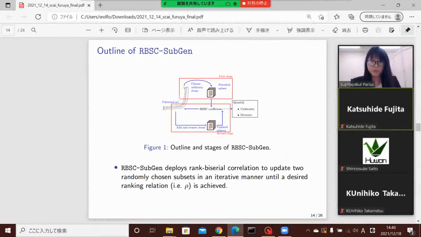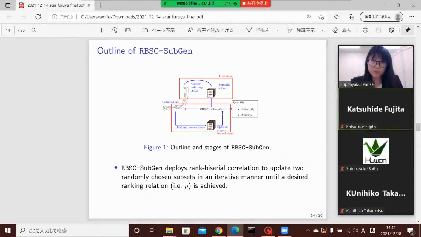And then we calculate the RBSC coefficient of that potential subset. If the RBSC coefficient reaches the target that we have set, we can stop creating the subset and we get the output.